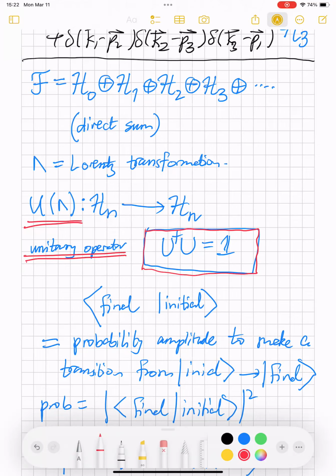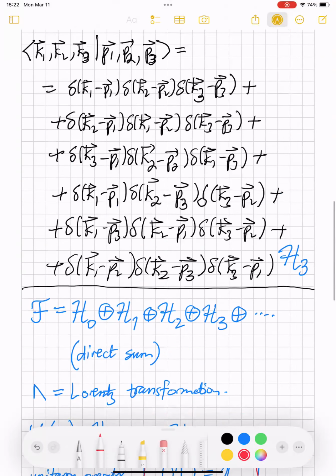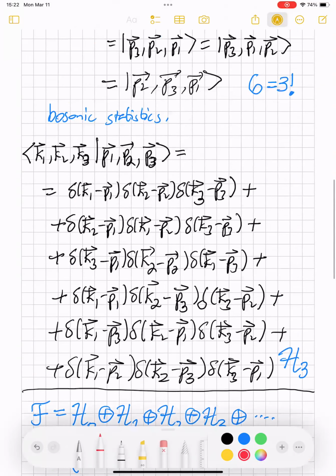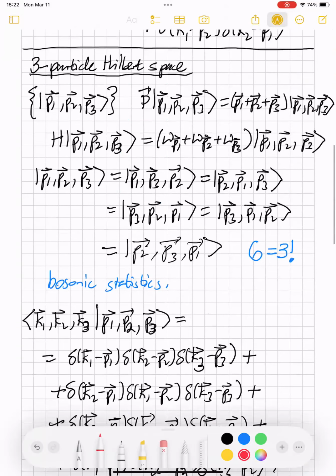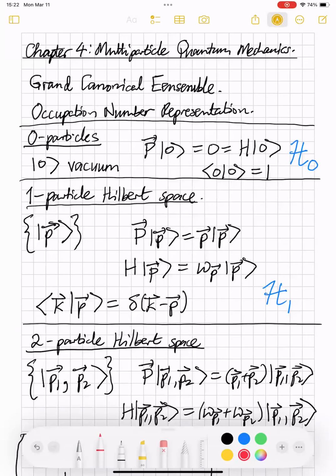Let me just make one last comment. We know that a Lorentz transformation in the one particle Hilbert space will leave you in the one particle Hilbert space. We also know that if you do a Lorentz transformation in the naught particle Hilbert space, H naught, you will remain inside the naught particle Hilbert space, H naught. But there's only a single state in the no particle Hilbert space, which is the vacuum.